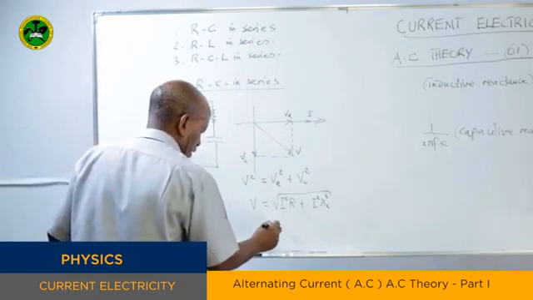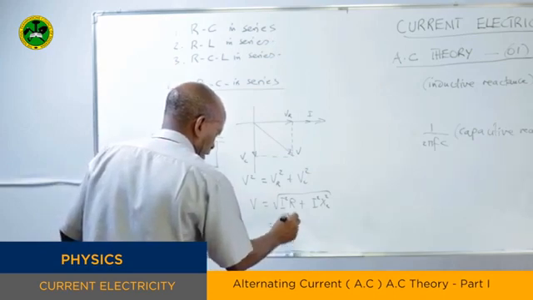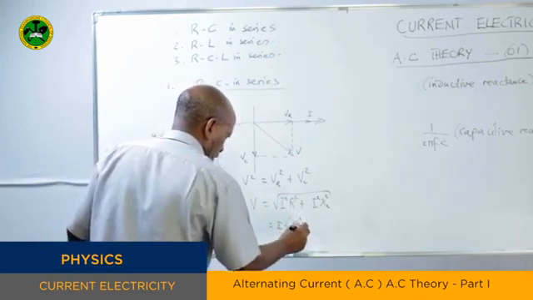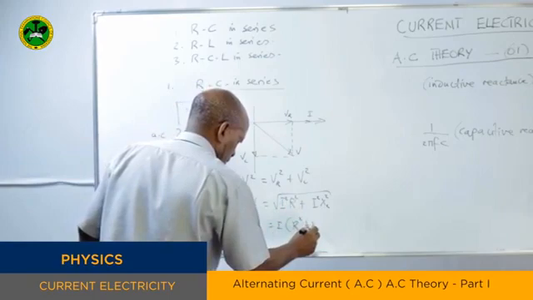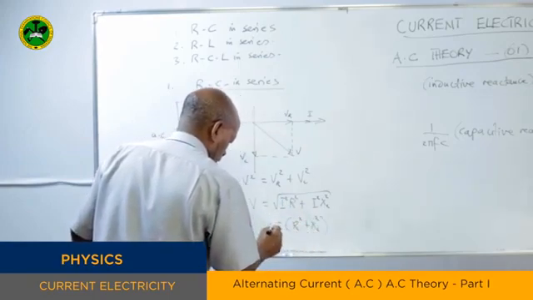If you derive this, you can take I outside, and inside there will be R squared plus that much squared.